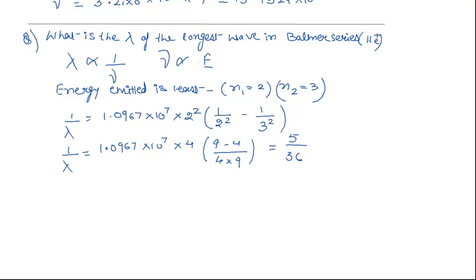So how are we going to solve this? I think you know this much of maths. Okay, so 1 by lambda is equal to 1.0967 multiplied by 10 to the power 7 multiplied by 4 multiplied by 5, and that is divided by 36. Right? Now let's divide this.